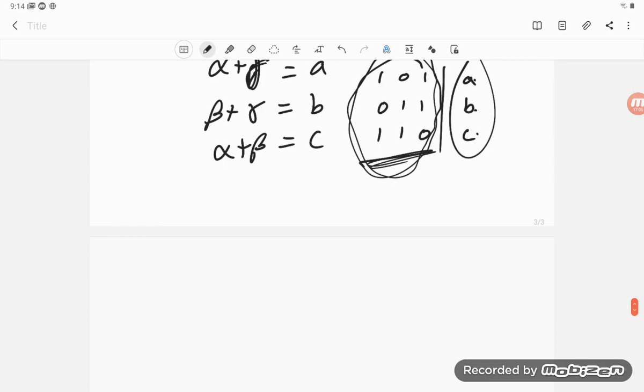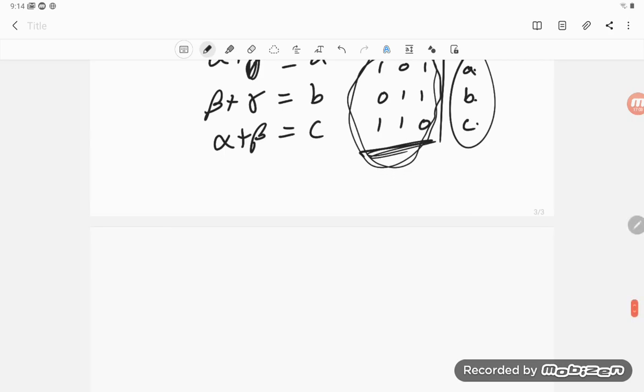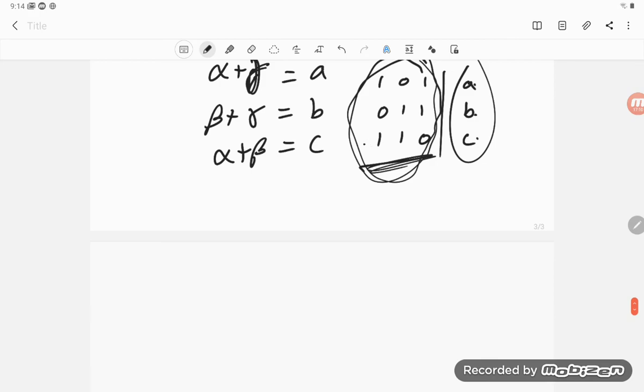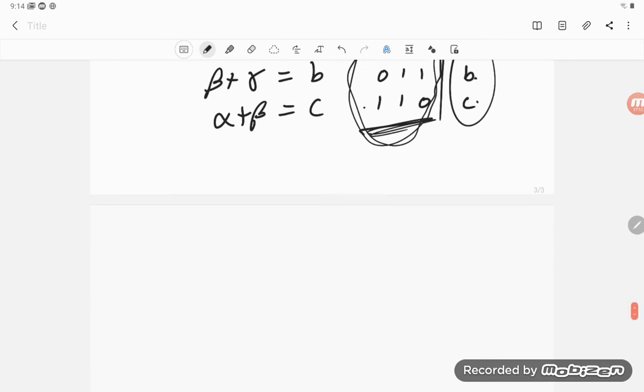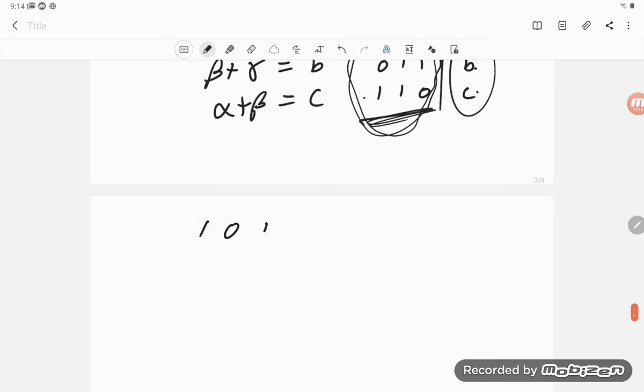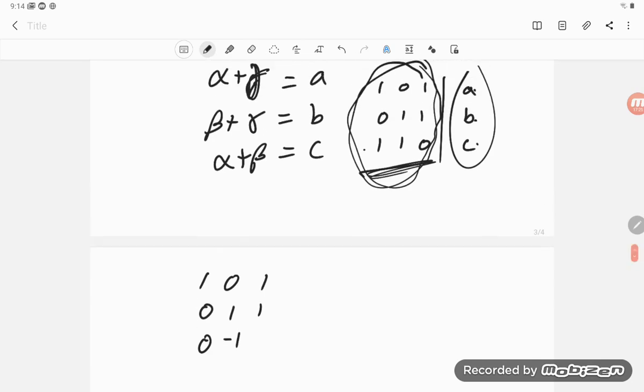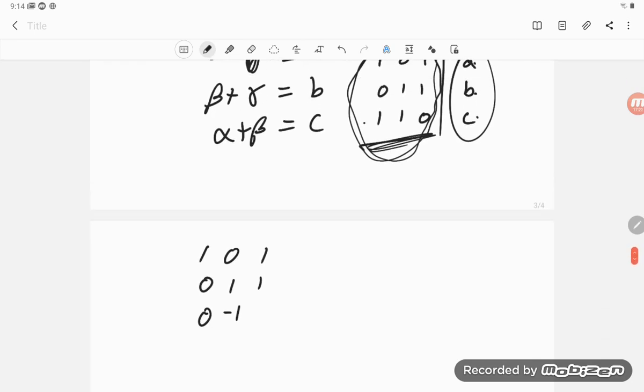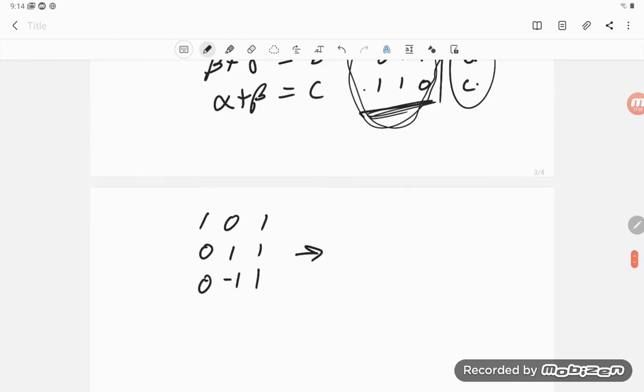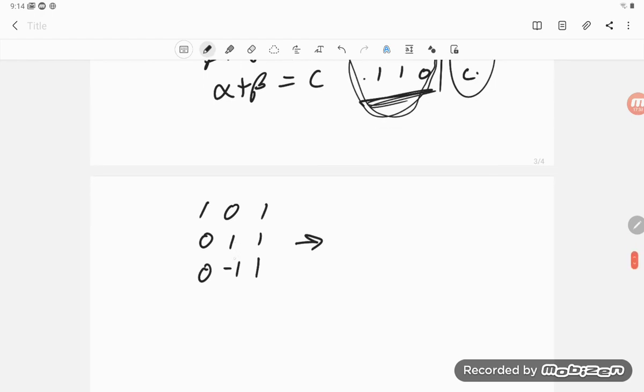If I subtract row 3 from row 1, I'm only going to work with the matrix itself. So subtract row 3 from row 1 and put it in row 3. I'll get a -1 there and a 1 here. And then I'm just going to add row 2 and row 3 and put that in row 3.